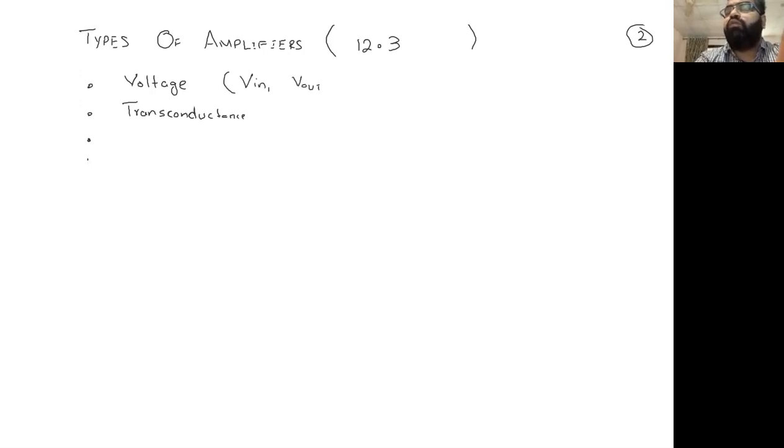So this is voltage amplification. Transconductance means we have a current as an input, and voltage as an output. Just make sure, transconductance, which we call gm, ultimately input is a current, output is a voltage. So V out by V in, ultimately we are mentioning here.